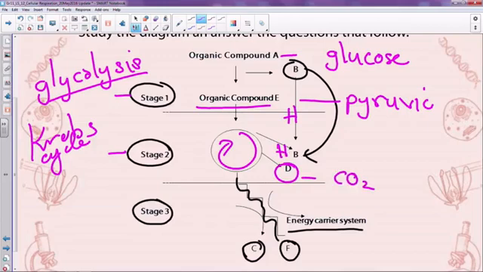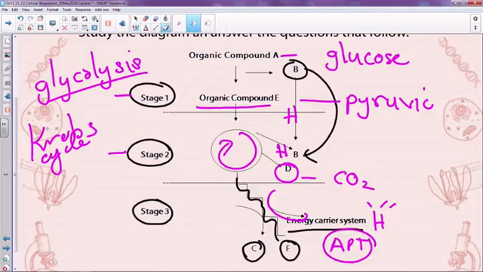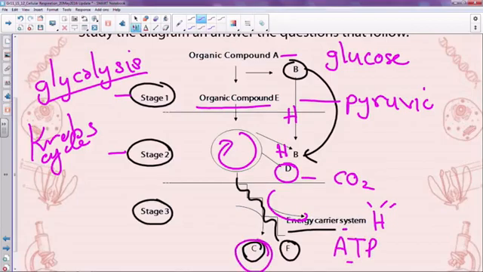Okay, what we see in the last step is the energy-rich carrier system, which is the release of energy from the hydrogen atoms and the production of ATP, which is the final molecule. So we said it's ATP, and we see that this is when the de-energized hydrogen atoms combine with oxygen to form H2O.